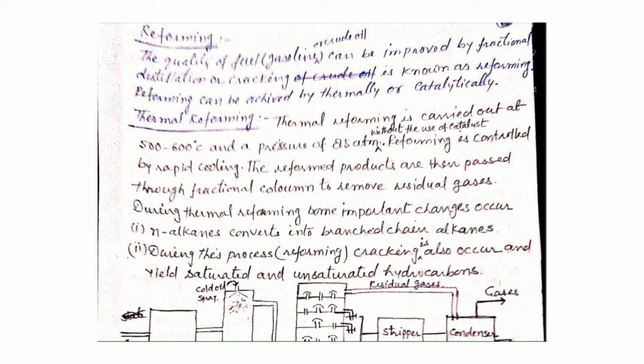In thermal reforming, the process is carried out at a higher temperature, 500 to 600 degrees centigrade, and a pressure of 85 atmospheres, without the use of catalysts. The reforming is controlled by rapid cooling.